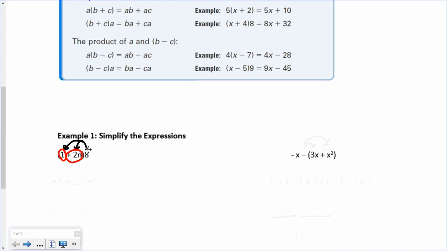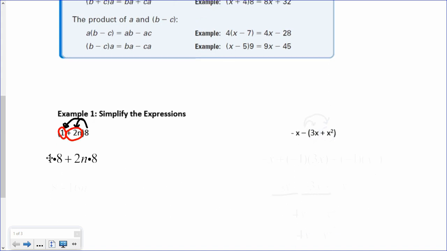So you're going to do 8 times the 1 and 8 times the positive 2n. So 8 times 1 plus the positive 2n times 8, and you go ahead and just multiply together. 1 times 8 is 8, and 2n times 8, you just multiply the 2 and the 8, and you get 16n. Okay?